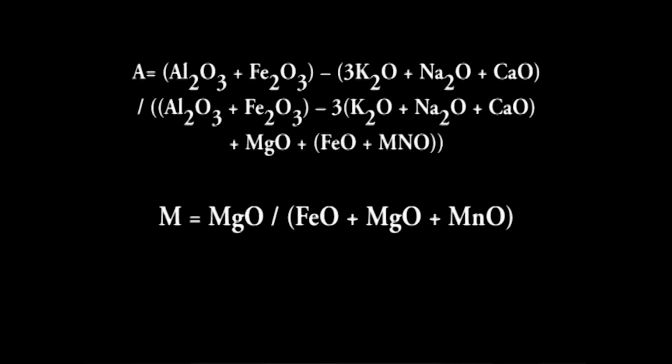A and M, which serve as coordinates, and these are calculated as follows: A equal to (Al2O3 plus Fe2O3) minus (3K2O plus Na2O plus CaO) whole divided by (Al2O3 plus Fe2O3) minus 3(K2O plus Na2O plus CaO) plus MgO plus (FeO plus MnO).